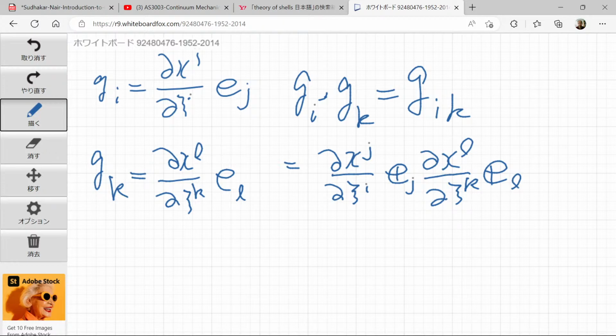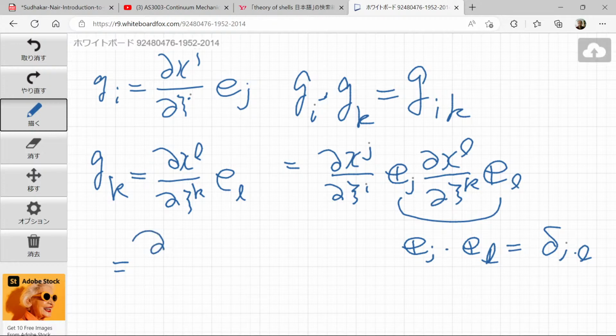Then this e_j dotted with e_l is delta jl. And you have a summation convention over j and l. I am a little bit confused.